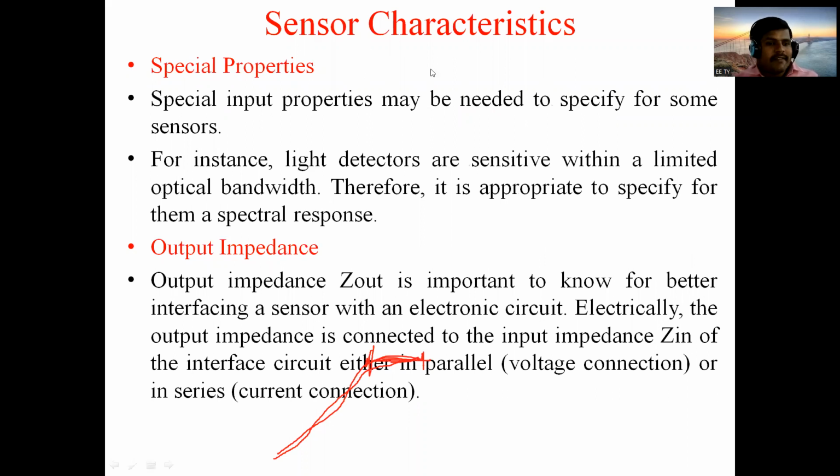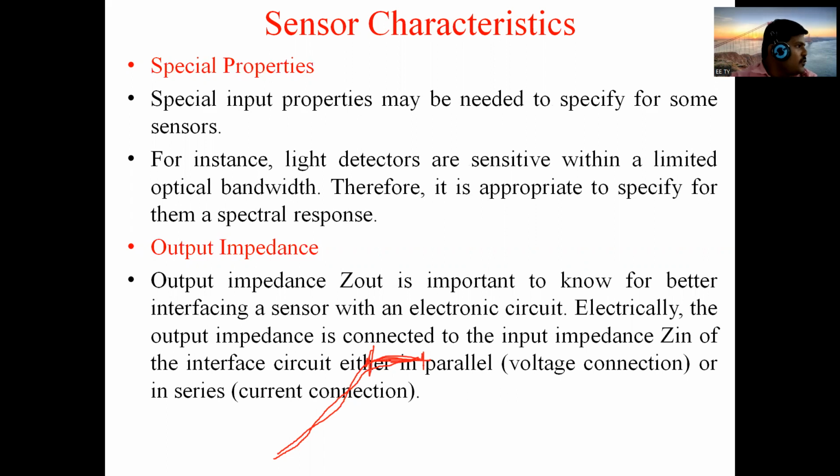Then the next one is special properties. In case of special properties, some sensors need to specify their special input property. For instance, if there is a light detector, right? A light detector has a specific property required for that sensor: it will detect the light.